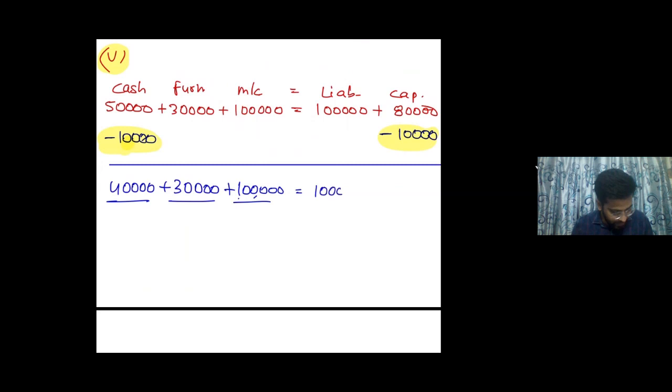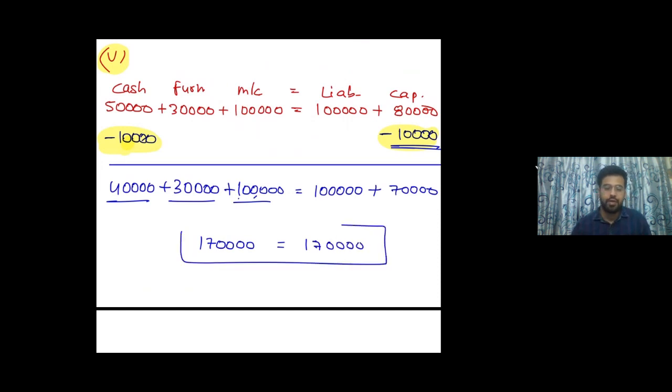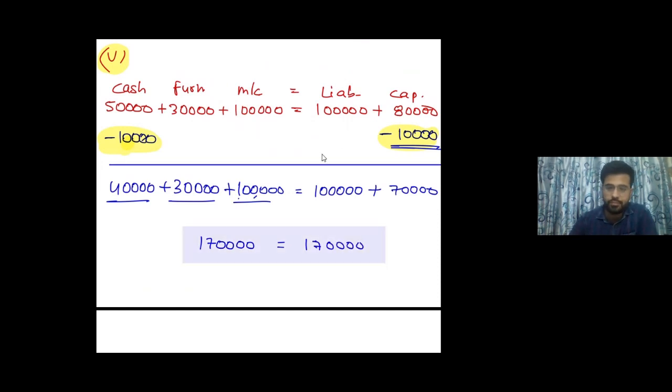It would be again 1 lakh rupees plus capital, 80,000 minus 10,000, that is 70,000. So both asset and liability side would be 1,70,000 equal to 1,70,000. Am I clear, everyone? Is there any doubt?